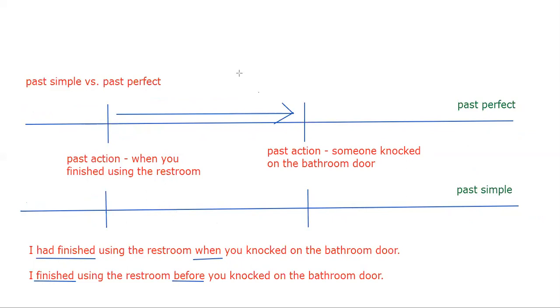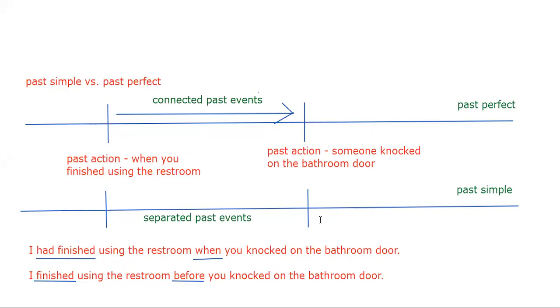So you can see here you have separated past events, and here you have connected past events. So that's really the basic difference between the past perfect and the past simple.